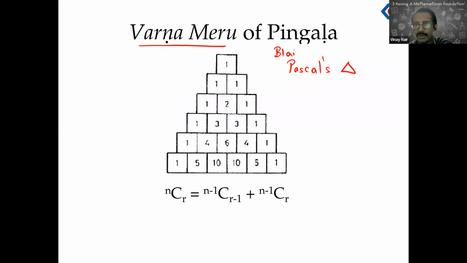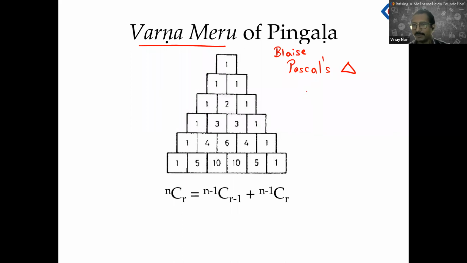And we attribute it to Pascal's identity. So there was this French mathematician by the name Blaise Pascal, who came up with this idea, maybe independently, or maybe he was the one who popularized the idea. So the Western world knows this as Pascal's triangle.